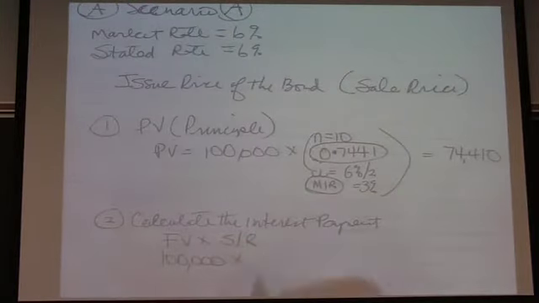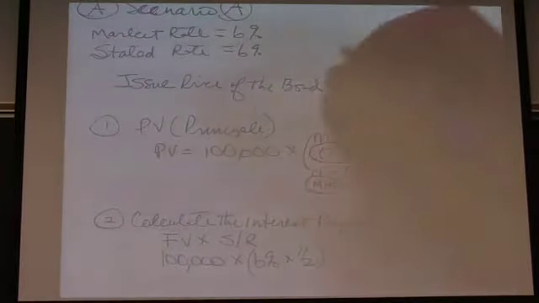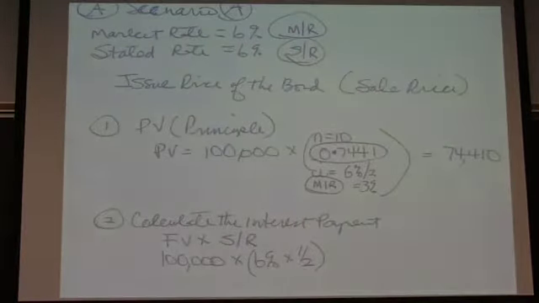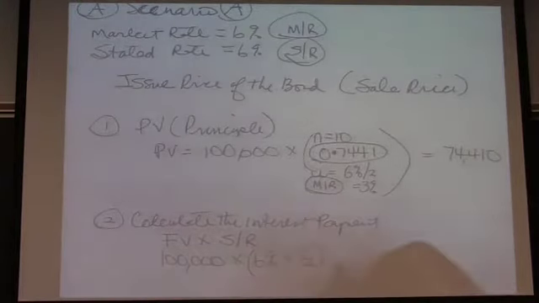The stated rate is 6% times 1/2. Remember, we're going to assume that the stated rate equals the market rate in this example. And in scenarios B and C, we're going to see how the rates differ, and then we have to calculate what the value of the bonds are. Now, in this case, we know that's 3,000. We calculated that earlier. That's step 2.